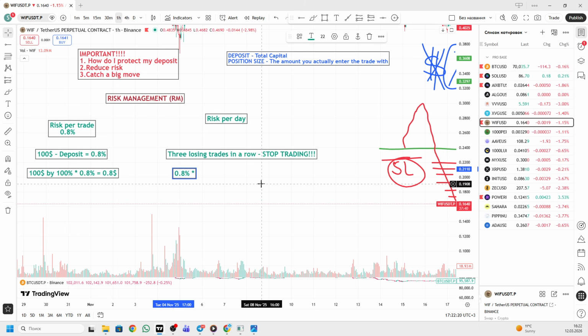We multiply by 3 losing trades. How much is it? It is 2.4%. This is block. Let me write it like this. Block for 1 day.